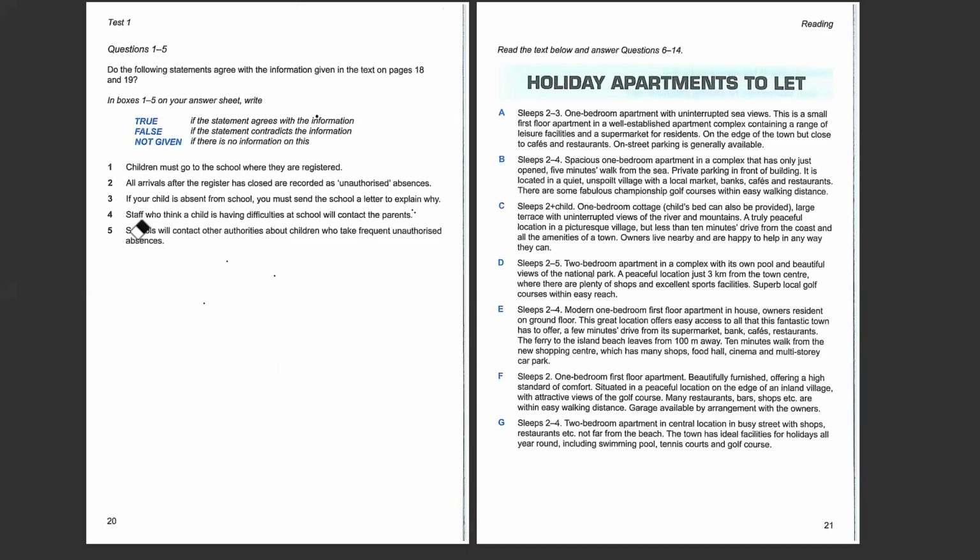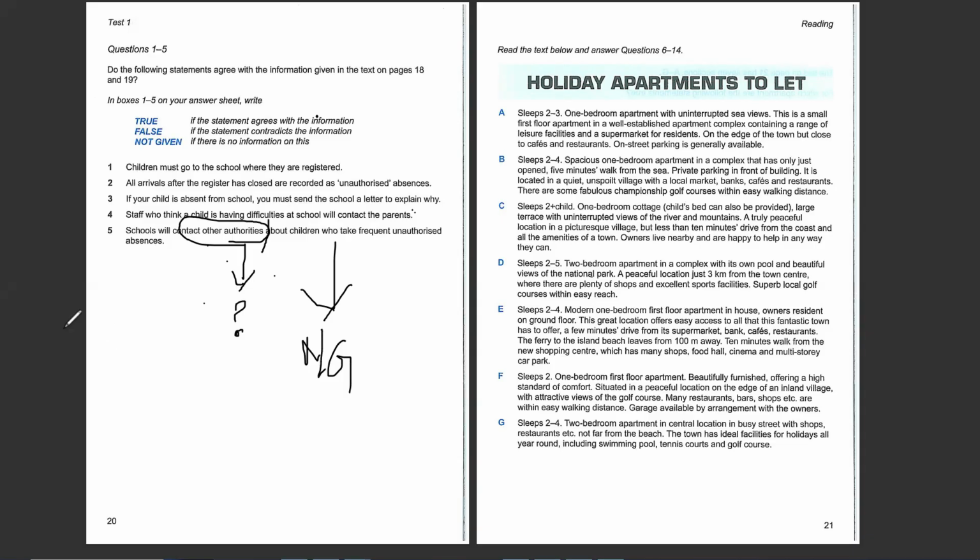The question is saying schools will contact other authorities about children who take frequent leaves. So nowhere it's written in the paragraph that schools will contact other authorities, and who those other authorities are we don't know, not mentioned in the paragraph at all. Clearly this is a not given.